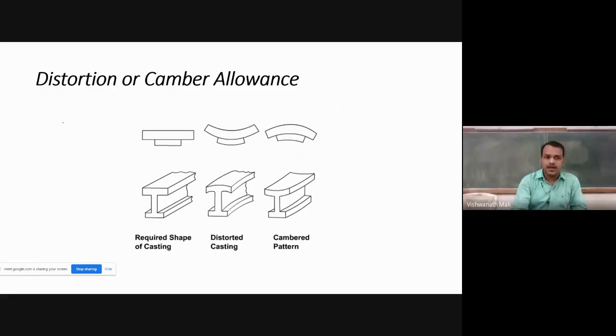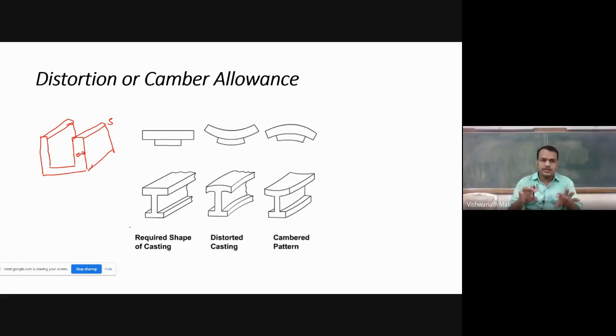Okay, one example I will give. Suppose your product is this C shape, whose thickness is very small, suppose 5 to 10 mm. As its thickness is very small, when you pour the molten metal, in some cases we need to see whether it happens or not.